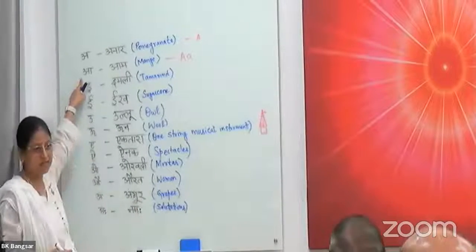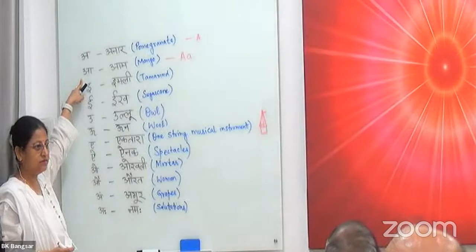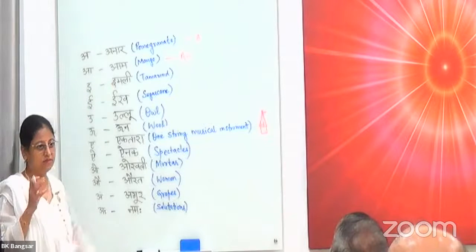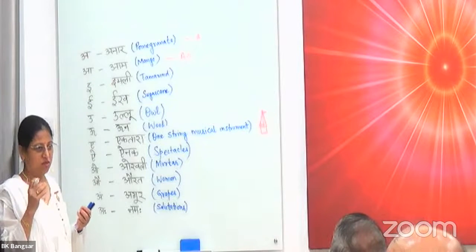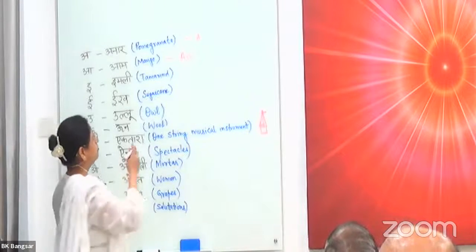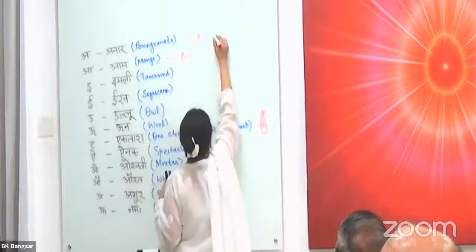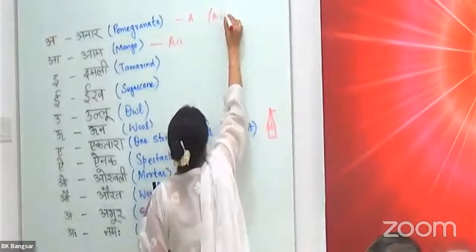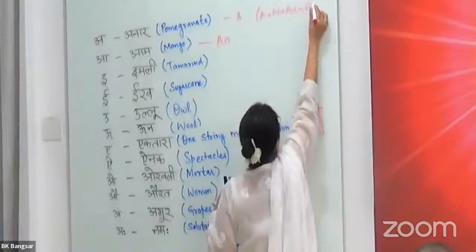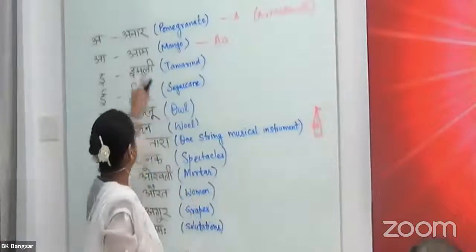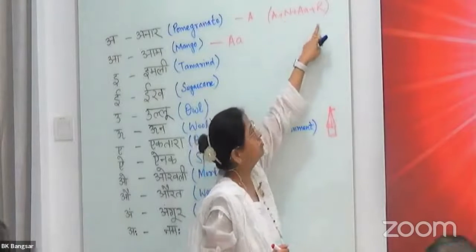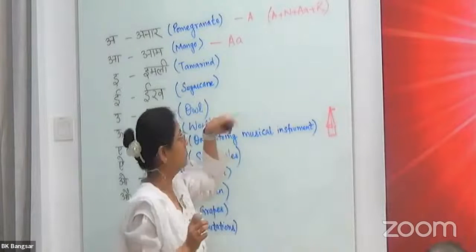The second alphabet is A. So if you can visualize mango, in Hindi it is known as aam. So how do you pronounce anar? N, A, R. So it actually has two vowels, A and A both, joining two consonants, N and R. So it becomes anar.